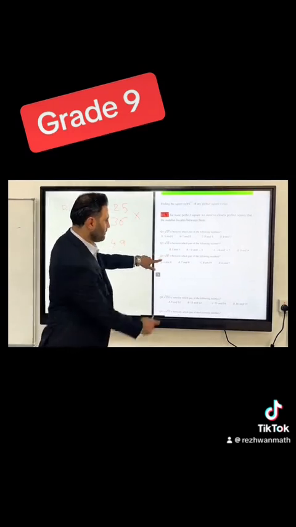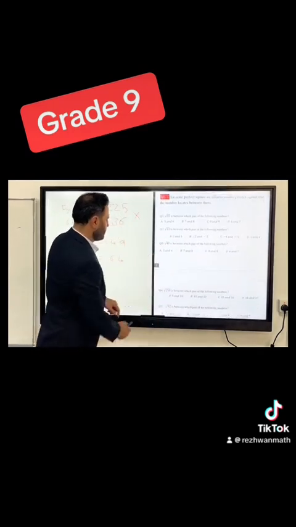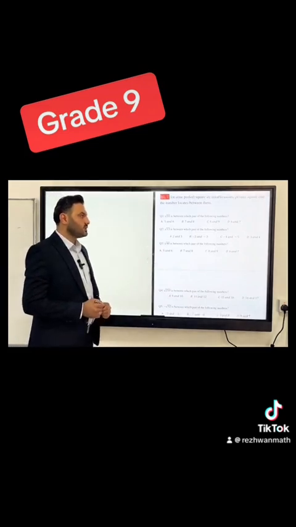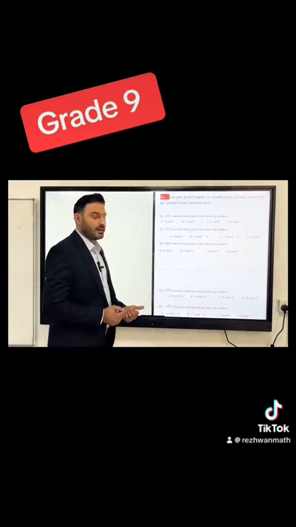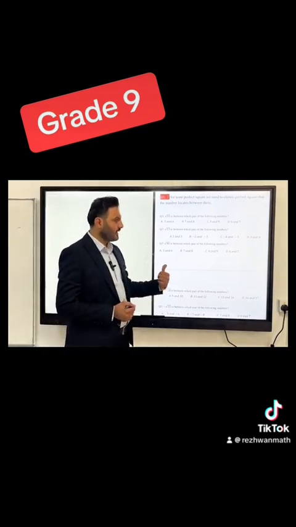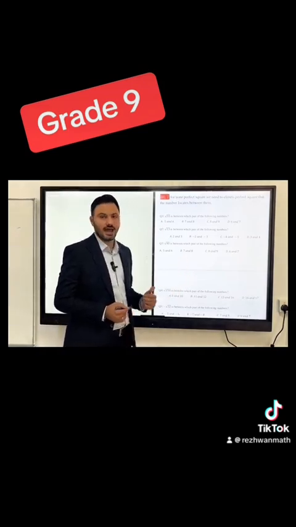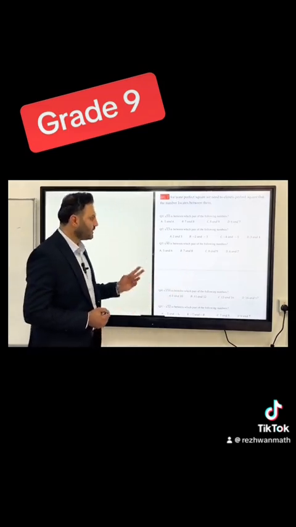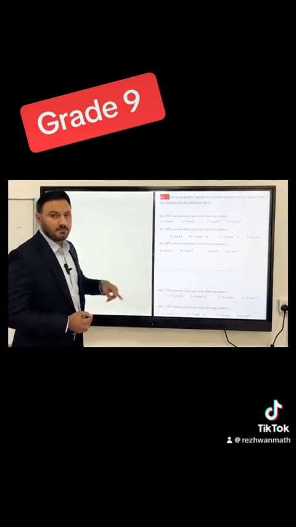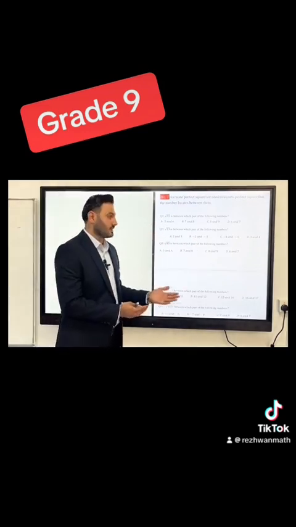Look at question 2. The square root of 13 is between which pair of the following numbers? 2 and 3, negative 2 and negative 3, negative 4 and negative 5, 3 and 4. Now, we have to multiply each one by itself and see if 13 is between them, so that is the right answer.